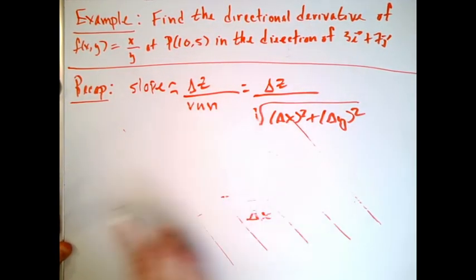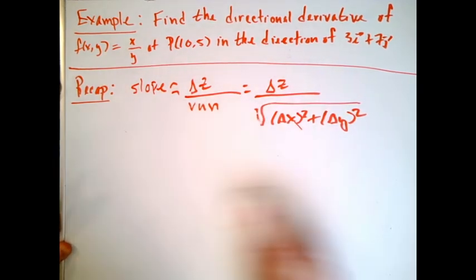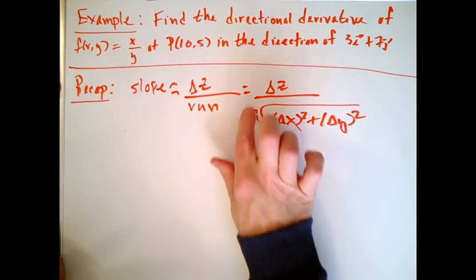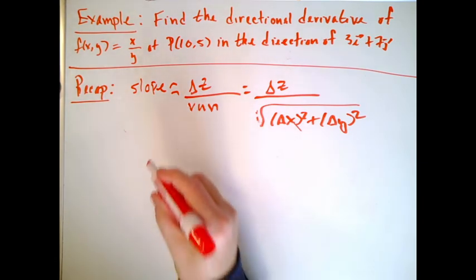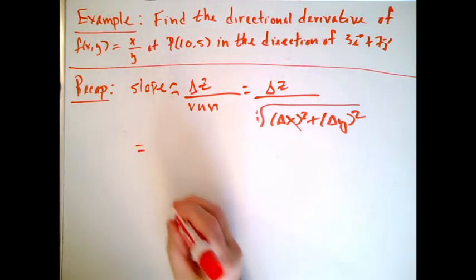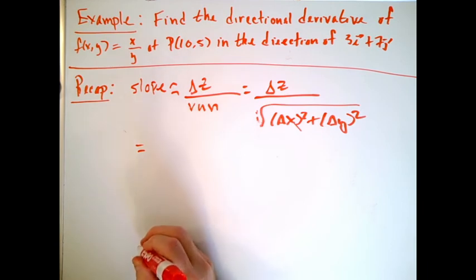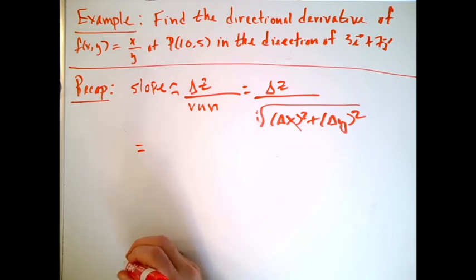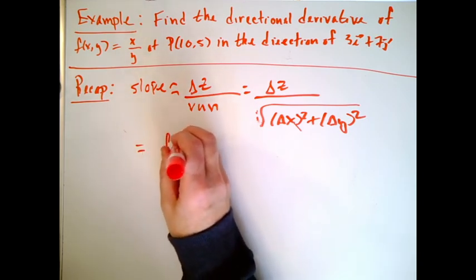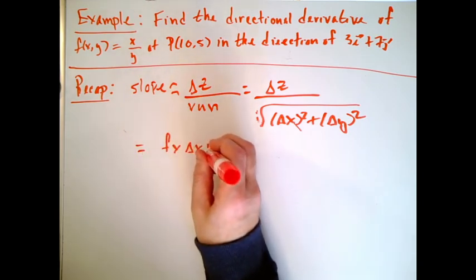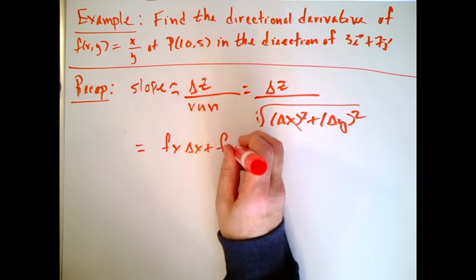Now that's as much as the graph can actually help us. And I need the space. So what are we going to do? Right now, if someone says, look at this function up here, this is not helpful. However, we do have a formula that estimates delta z. Like I say, it's one of the most important formulas we have this entire semester. That delta z is approximately equal to fx delta x plus fy delta y.